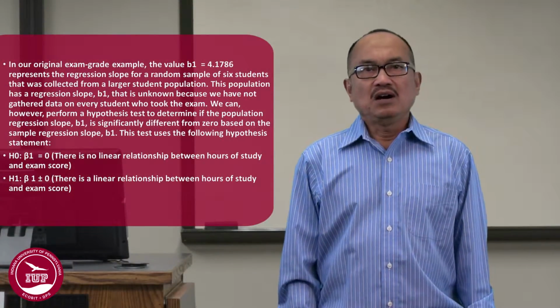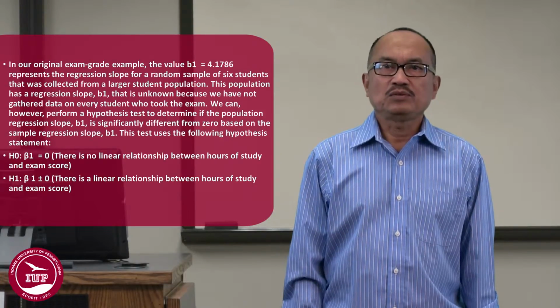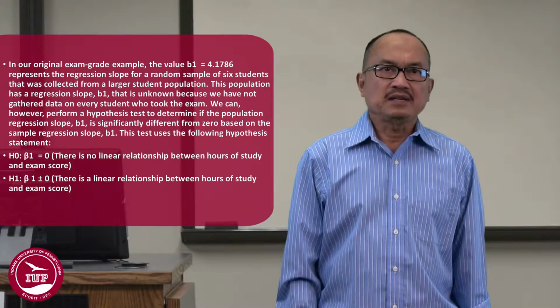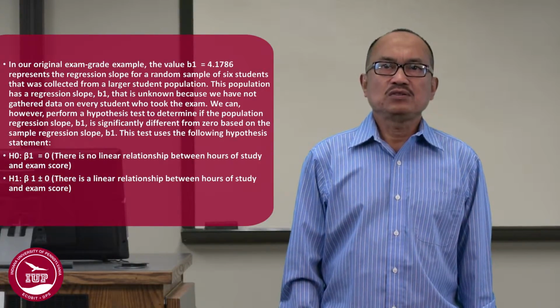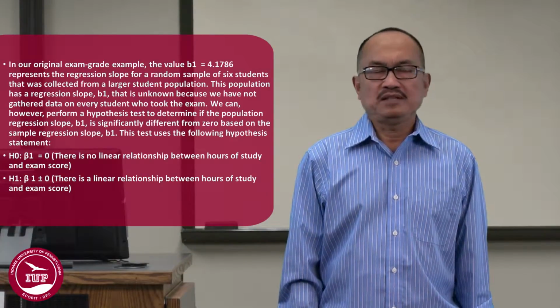In our original exam grade example, the value b1 equal to 4.1786 represents the regression slope for a random sample of 6 students that was collected from a larger student population.